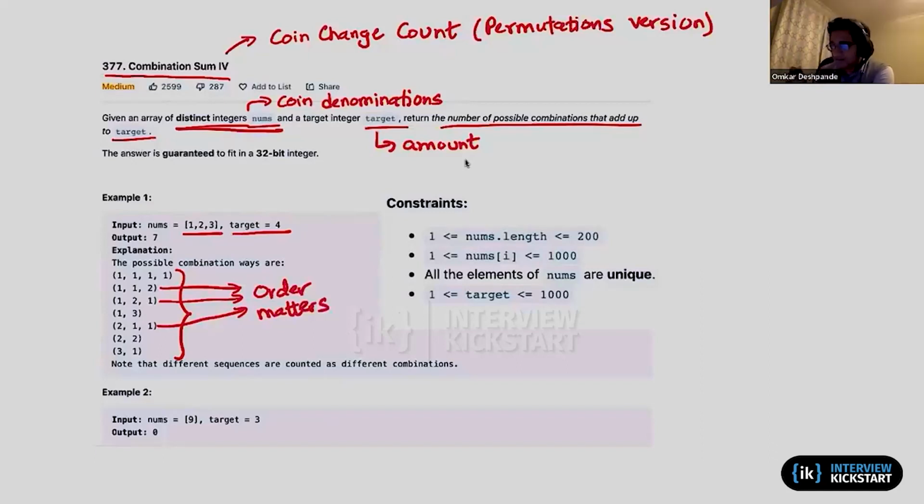It's not just a matter of counting how many copies of each denomination make up the amount. We also need to treat different arrangements of these coins as different ways of making up the amount. So 1 3 and 3 1 are also treated as distinct combinations, if you want to call it that.